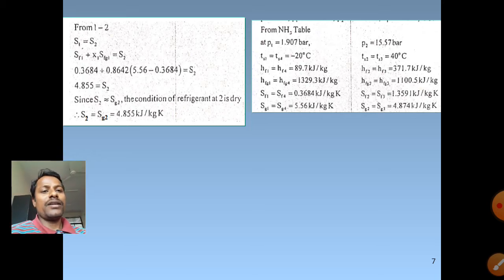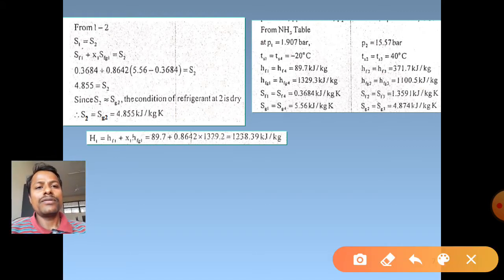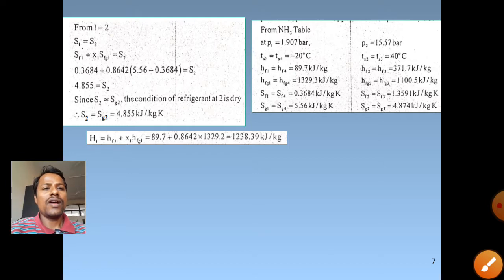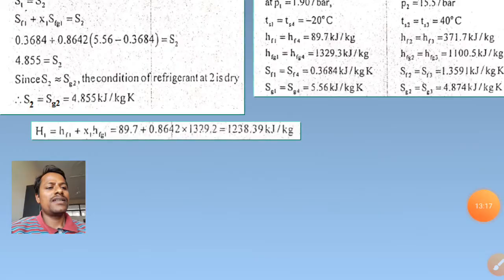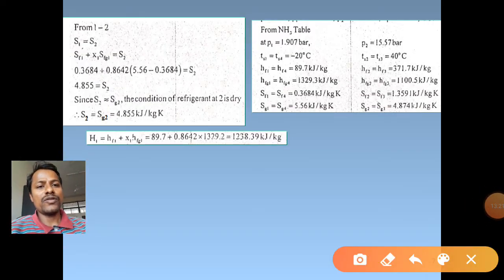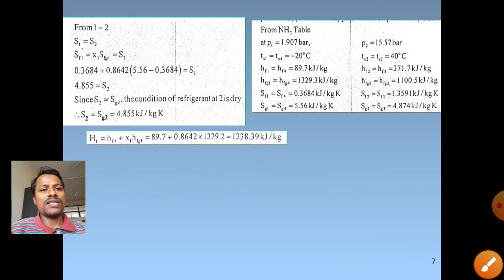So hence we can proceed with the solution. We need the H1 value. H1 is HF1 plus X1 HFG1. As state 1 is in wet state, we apply the formula H1 is equal to HF plus X HFG, using suffix 1 for state 1.